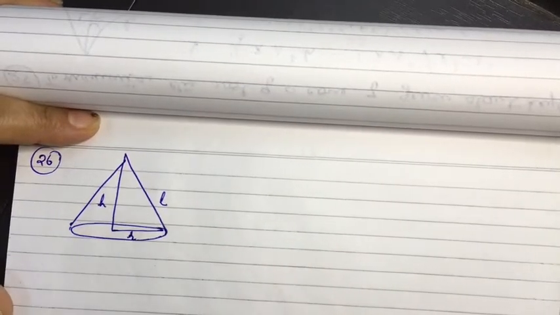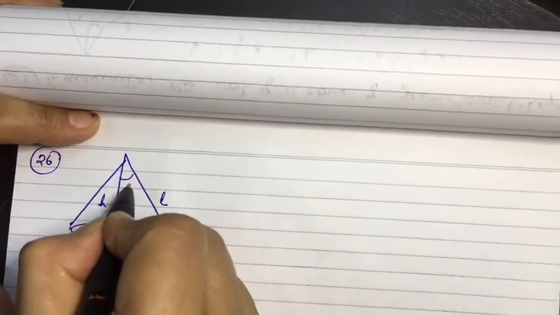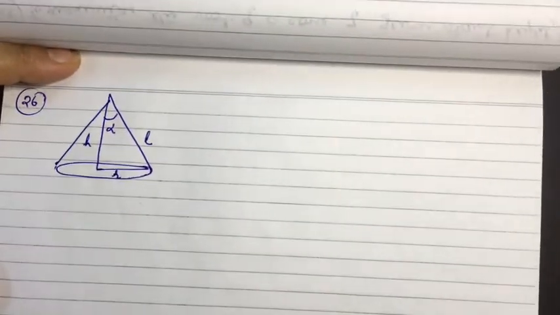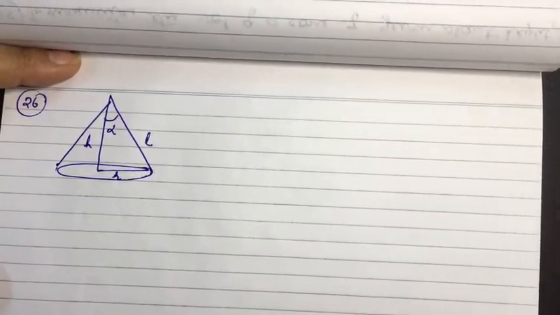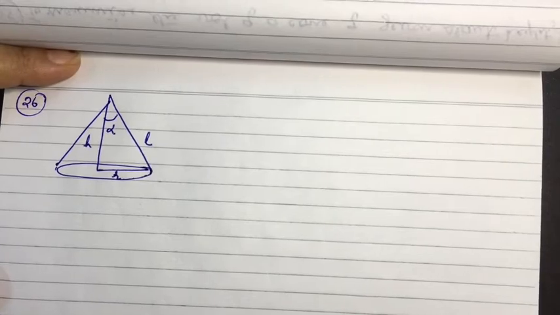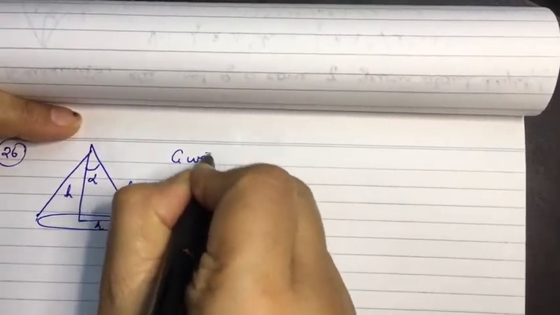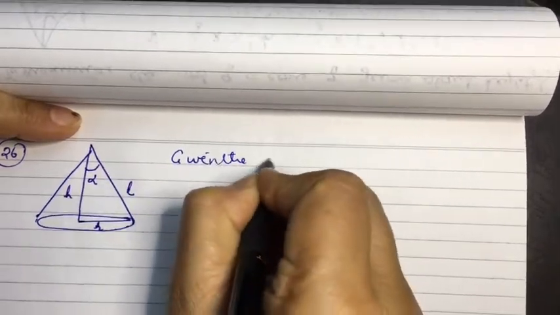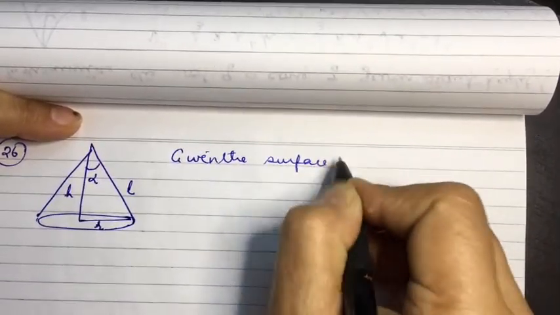having radius r, height h, slant height L, and semi-vertical angle alpha. Now we are given the surface area.